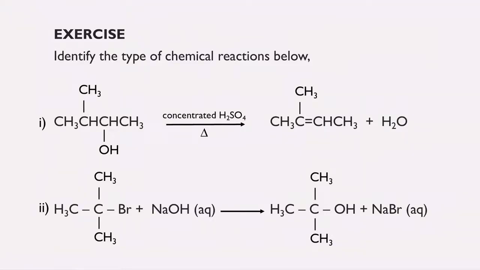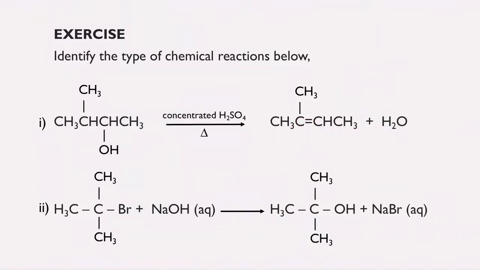to identify the type of chemical reactions below. So how are you going to answer this? First, you're going to look at your reagent. Okay, it undergoes acid reflux. Okay, react dengan concentrated sulfuric acid under heat, and it will form an alkene and water.